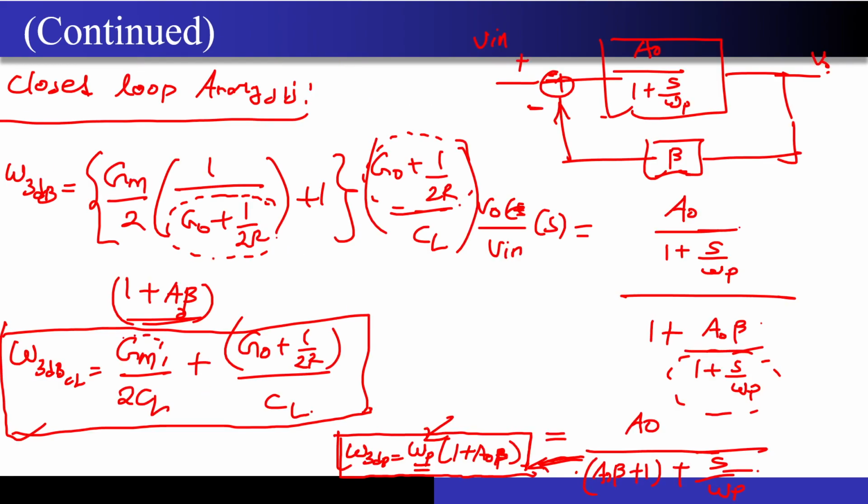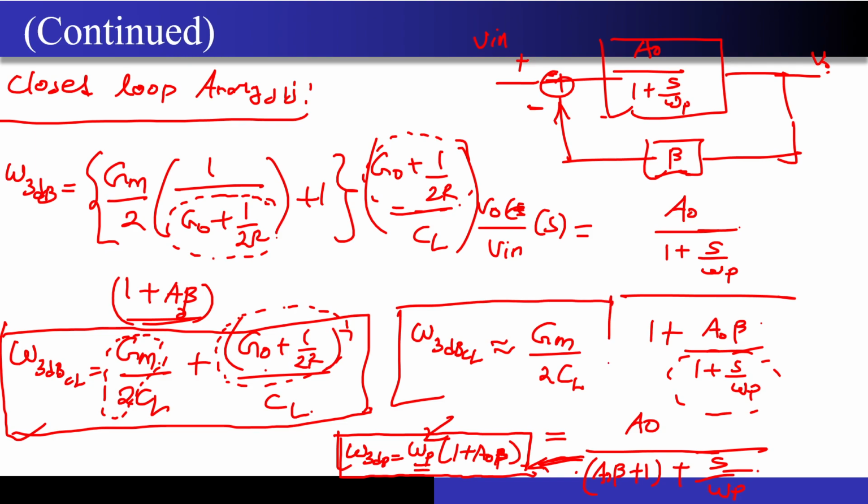Are you able to identify this gm by 2 over here and g naught plus 1 by 2r over here? What I am trying to say is the gm by 2cl term is at least 100 times greater than this particular quantity. So omega 3 dB cl is approximately equal to gm by 2cl. This is the 3 dB frequency of the closed loop system, correct?